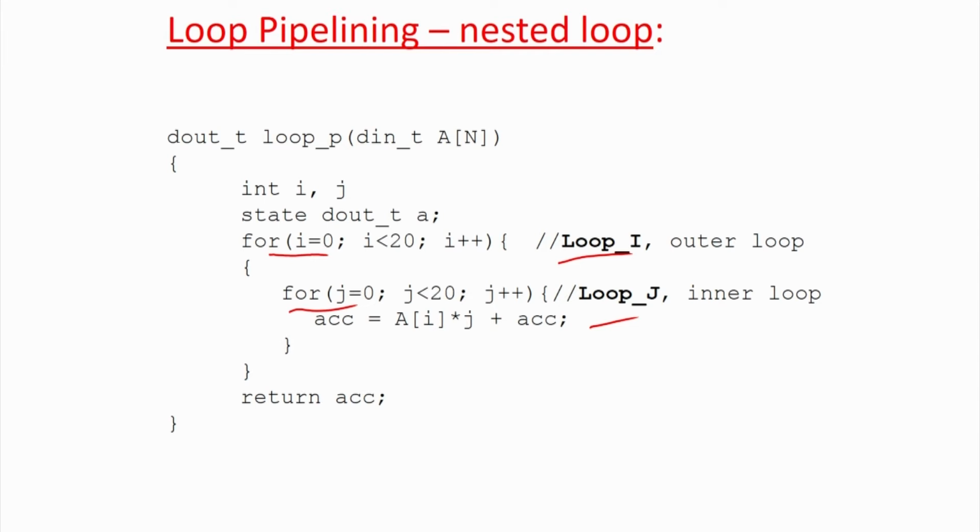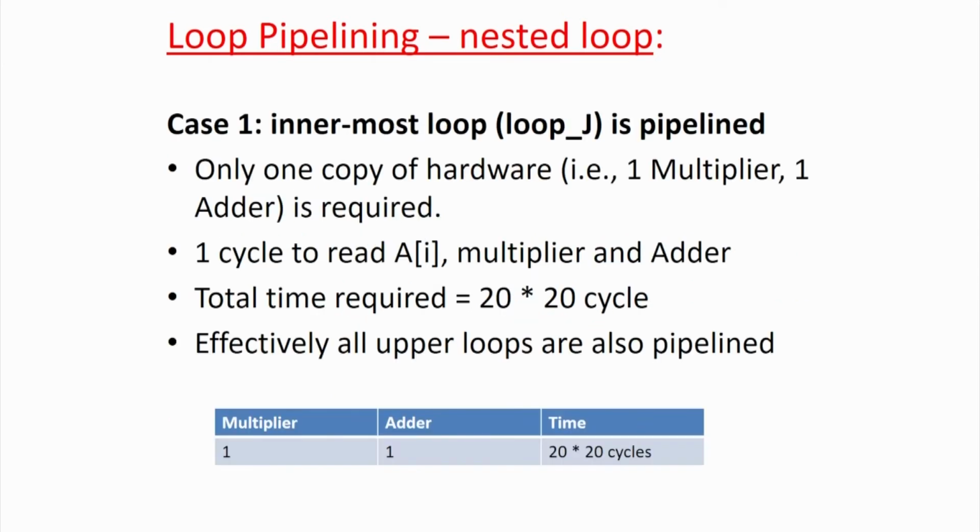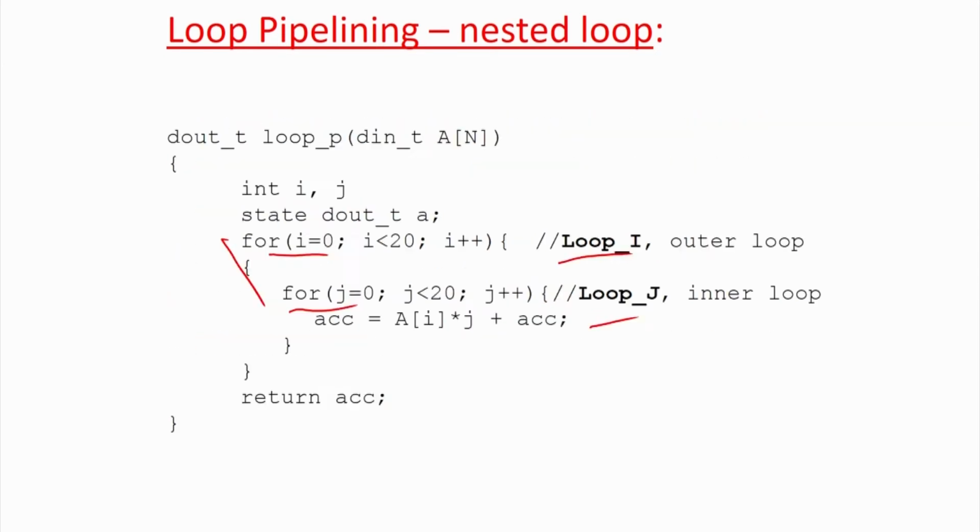I am going to discuss now, if you have a nested loop, how to pipeline and what choices you should make for your design. Okay. So, I took this example of nested loop 2, and as I mentioned, you have different choices now. The first choice is that the innermost loop, loop j, is pipelined. If you do this, automatically the outer loop will also be pipelined, because I am just creating one instance of this.